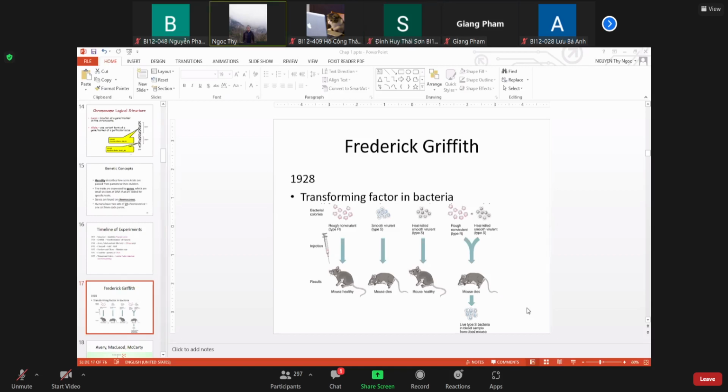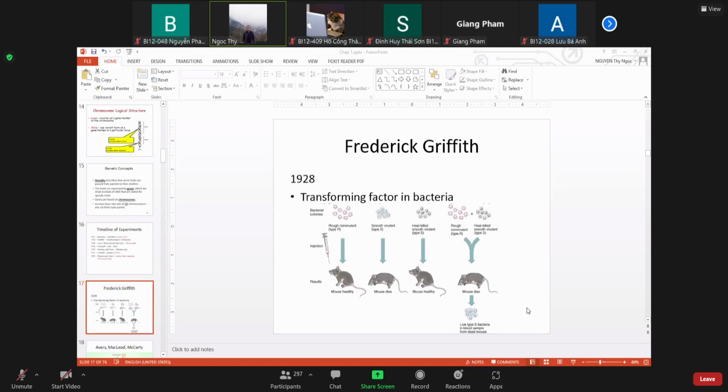Which kind of factor? So here, the type S had been killed. If we inject only the heat-killed type S into the mouse, it stays alive.